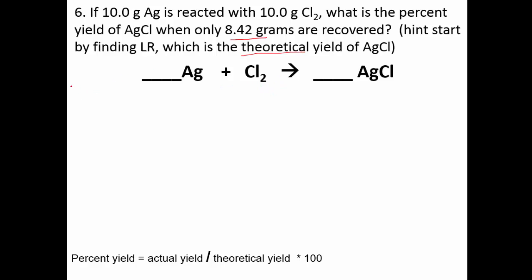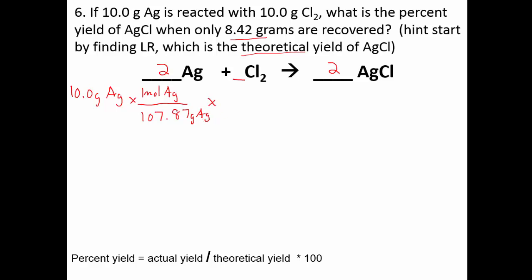So we need to start off with our mass, mole, mole, mass problem. 10 grams silver. Before we go any further, chlorine is Cl2. Won't need any number there, so just the 1 for chlorine. So 10 grams silver. Our first step, always going grams to moles. 1 mole of silver is equal to 107.87 grams of silver.